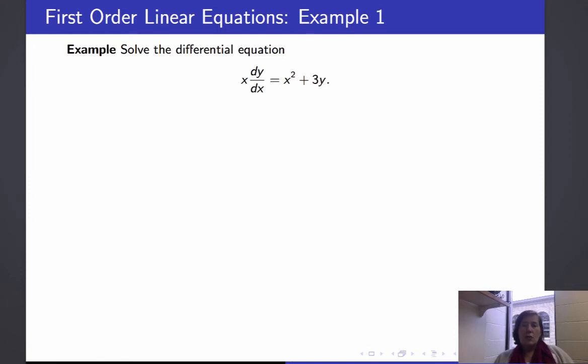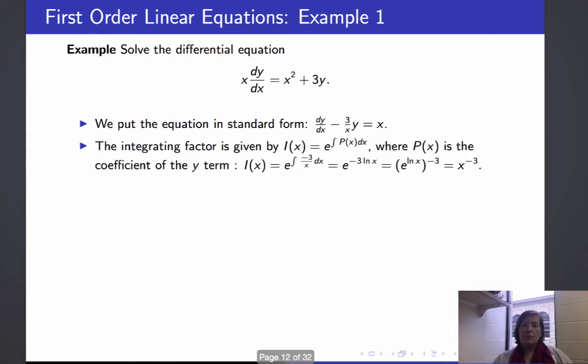So let's try to solve this differential equation: x dy/dx equals x squared plus 3y. The first step is to put it in standard form, and we've already done that. We get dy/dx minus 3 over x times y equals x. The next step is to calculate this integrating factor. That's I of x equals e to the power of the integral of p of x dx, where p of x is the coefficient of the y term.